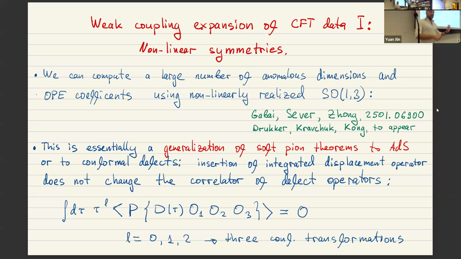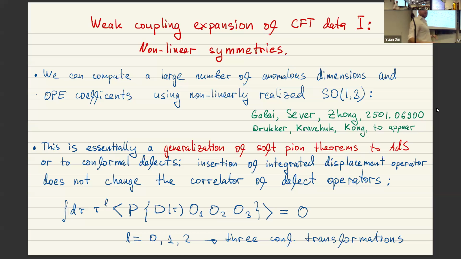Remember, everything is in 1 dimension now, okay? I'm doing a boundary 1-dimensional calculation, so tau is the time that goes along my defect. I insert, say, 3 generic operators, and a displacement operator. Now, if I integrate this with tau to some power L being 0, 1, 2, that corresponds to 3 conformal transformations. So this correlation function should not change, right?